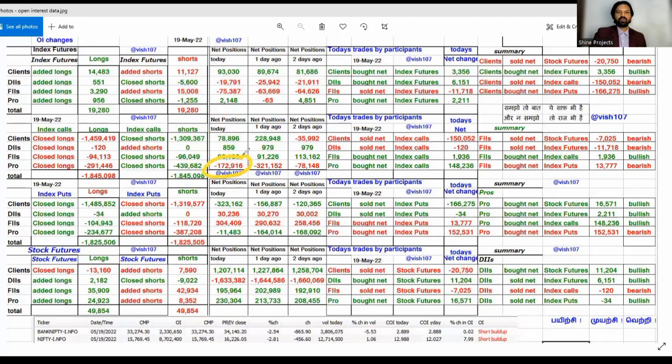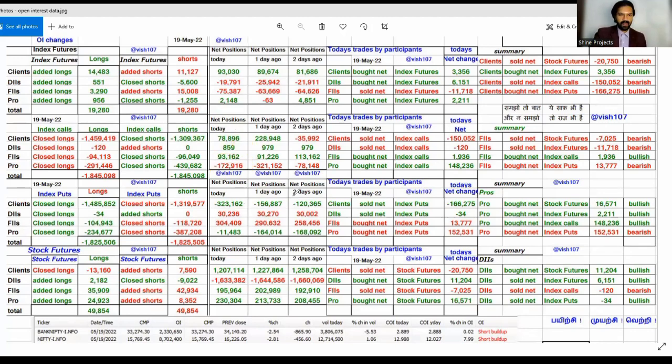The proprietary traders' data looks very scary, because we're not even in the middle of the week coming to the next week's expiry, and they have already built a lot of call shorts. Whatever call shorts we have seen in the Nifty and Bank Nifty, it looks like the proprietary trading desks have written all those calls.